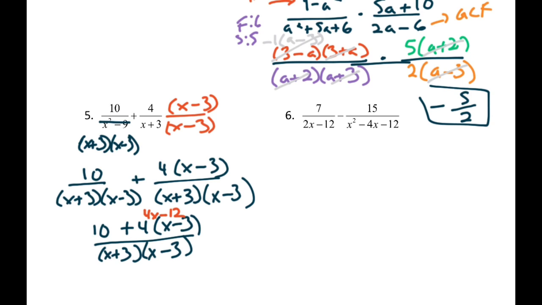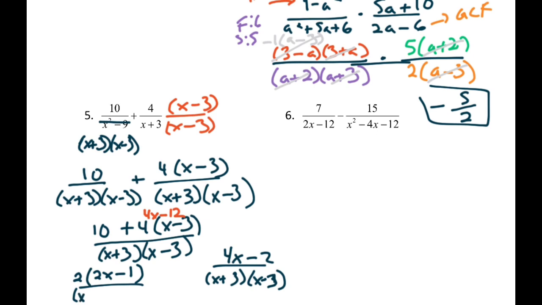And then combine like terms, so on the top I'll have 4x minus 2 over x plus 3, x minus 3. And then I can factor GCF on that top. I can factor out a 2. So I'll be left with 2 times 2x minus 1 over x plus 3, x minus 3. And that's my answer.